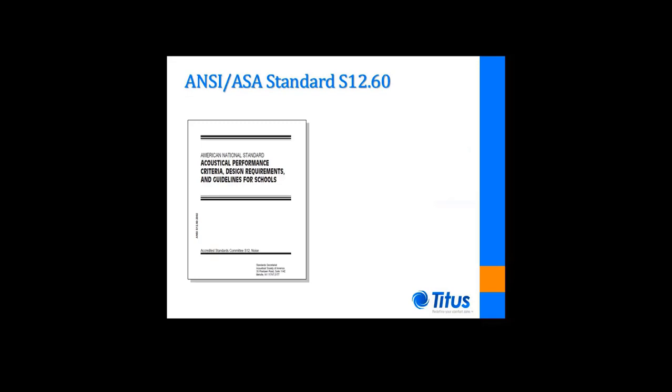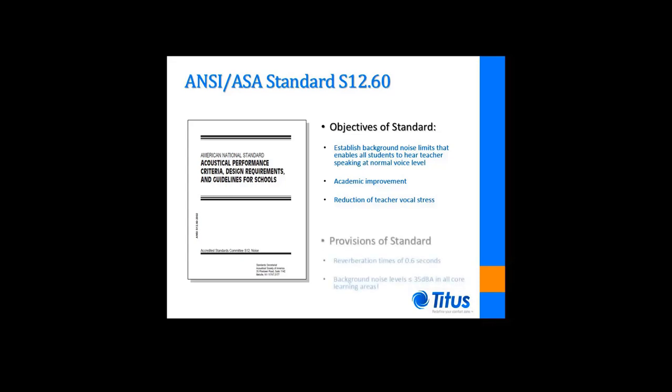In 2002, ANSI developed a new standard for classroom noise levels. The standard's objective is to assure that all students, even those with slight hearing impairments, are able to hear and understand the teacher. It is aimed at increasing student performance and reducing teacher vocal stress. The standard calls for a background noise level that does not exceed 35 dBA.